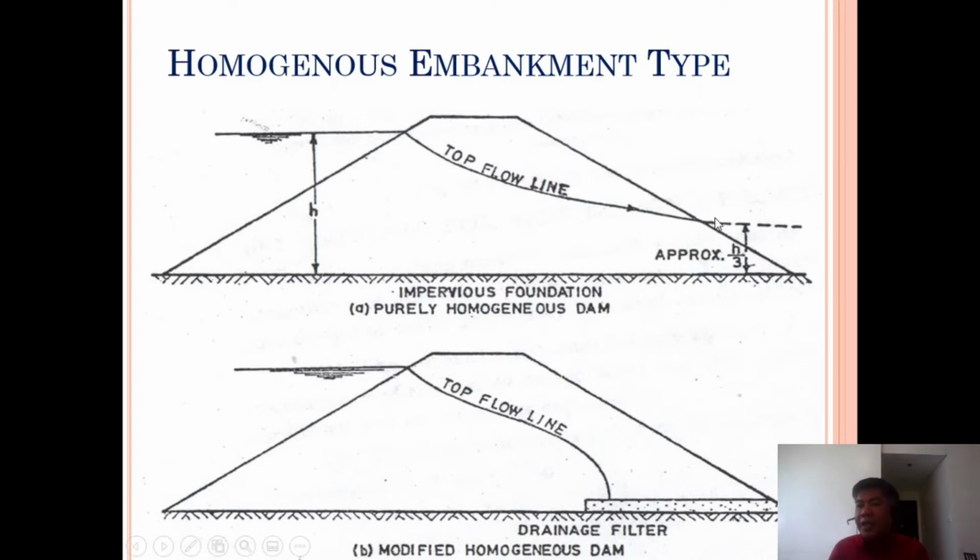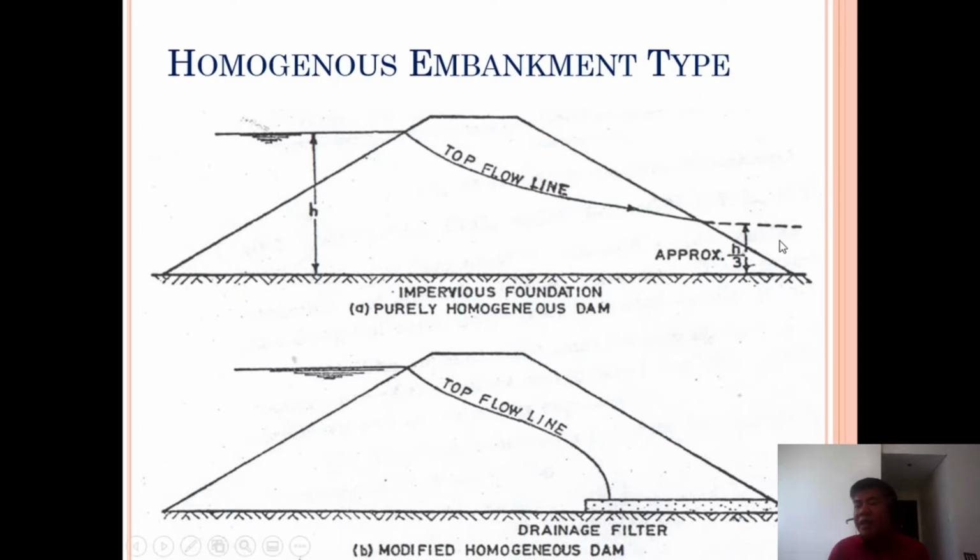Take note that in an embankment dam, or in dam design in general, this area, which is the toe, is the weakest point. That's why we take moments at this point, the overturning and the resisting moment.